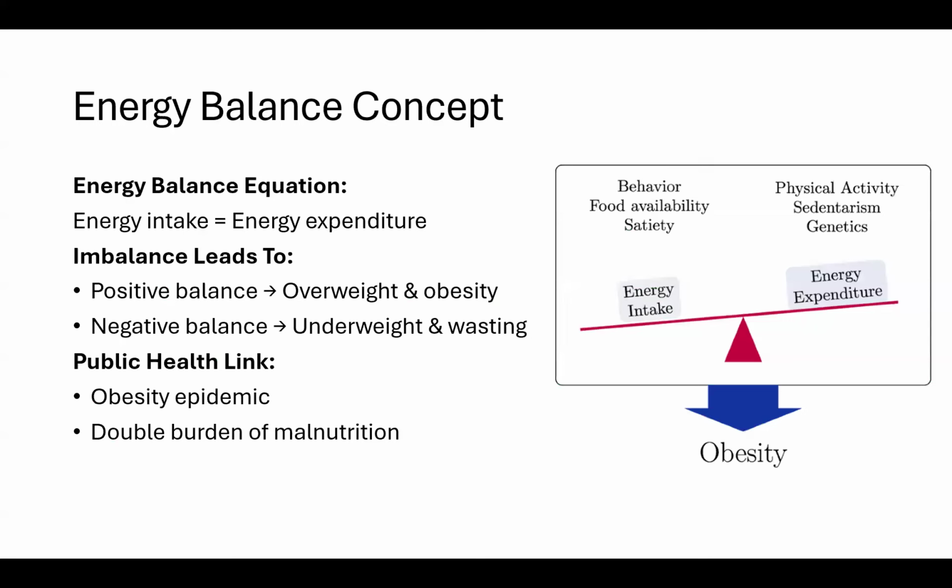This concept is important for the obesity epidemic and double burden of malnutrition, which is happening right now in many countries. So on the right side we have a figure depicting this concept. We have energy intake and energy expenditure. Energy intake depends upon behavior, food availability, and satiety, and energy expenditure depends upon physical activity, sedentarism, and genetics.